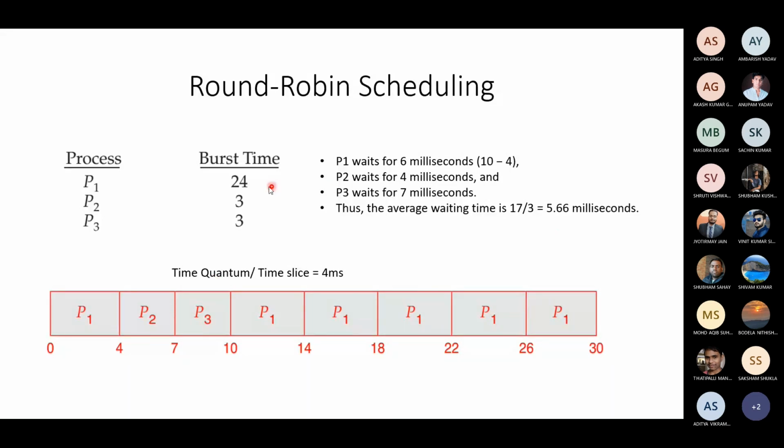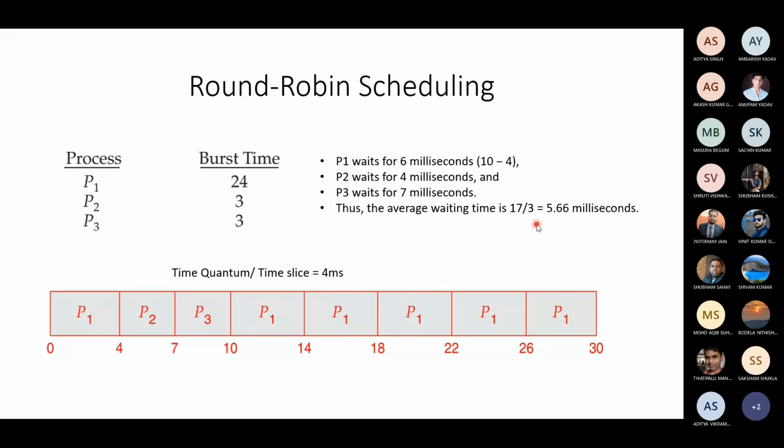P1 waits 0 milliseconds, but its time came again at the 10th millisecond. So 10 minus 4 will be its original waiting time, that would be 6 milliseconds. P2 waited 4 milliseconds, P3 waited 7 milliseconds. So the average waiting time is 17 divided by 3, 5.66 milliseconds.